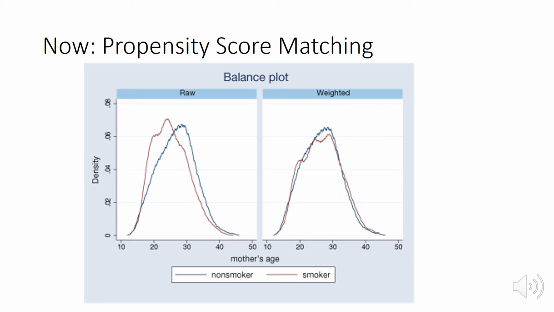To put it differently, if the outcomes were the same across category, then we would expect the observable characteristics, things like age, things like country of origin, we would expect those to be the same as well.